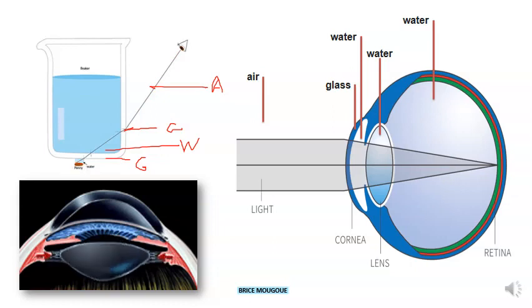So when it's exiting the glass into the water, it will somehow bend. And as it's going in the water, it will somehow bend again in the glass. As it's going into the air, it will again bend.